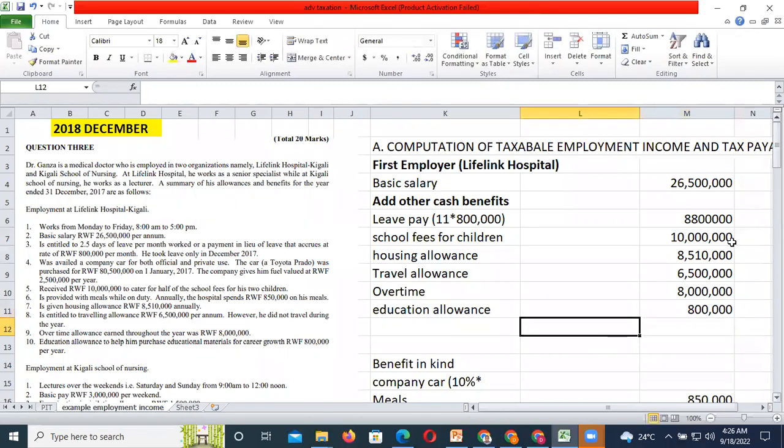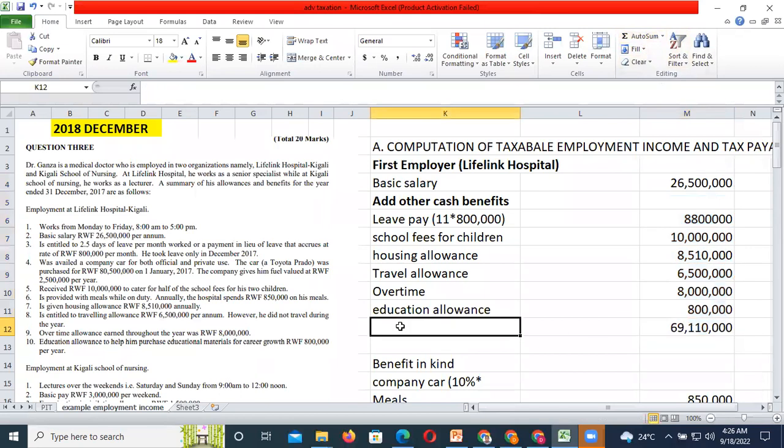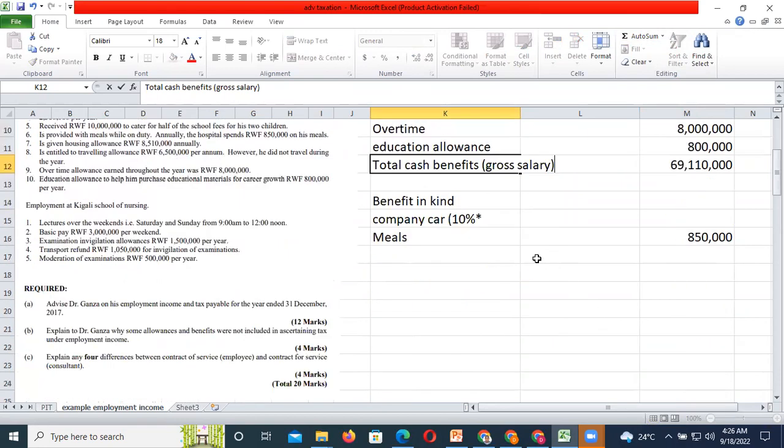So the total here is going to be, I think these are the only items we have. The total will be this. This is the total cash benefit, or what we call the gross salary. Now I can come here to my benefit.